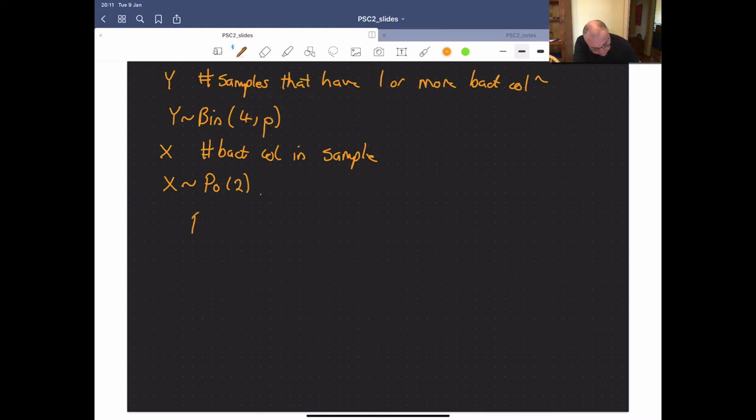So p is a success, and that's going to be the probability that we have one or more bacterial colony.